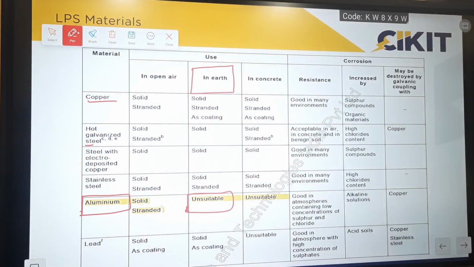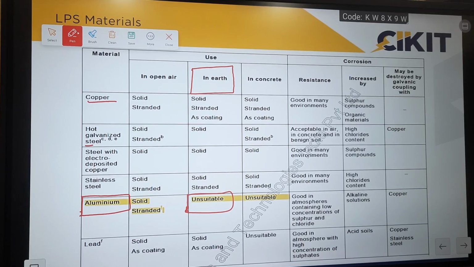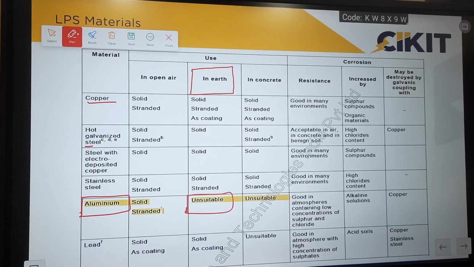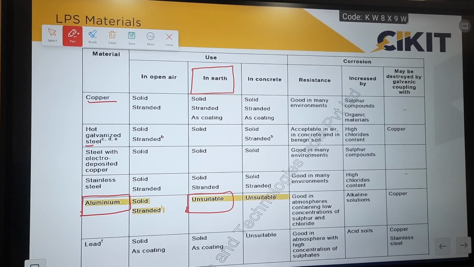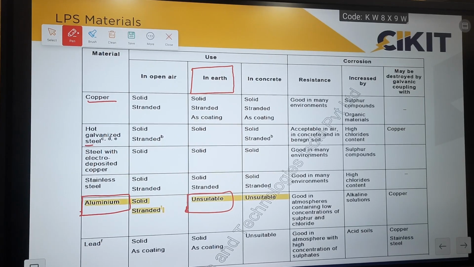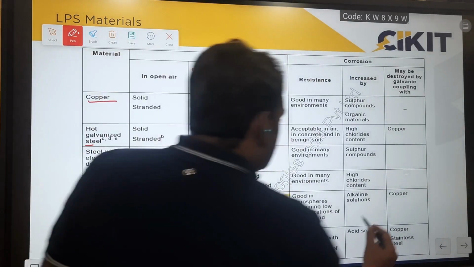At the same time, there is one more term called galvanic corrosion. Apart from corrosion due to the environment, if we interconnect two dissimilar materials, one material will act as the anode and the other as the cathode. So corrosion will happen if we interconnect two dissimilar materials. Aluminium should not be connected with copper.